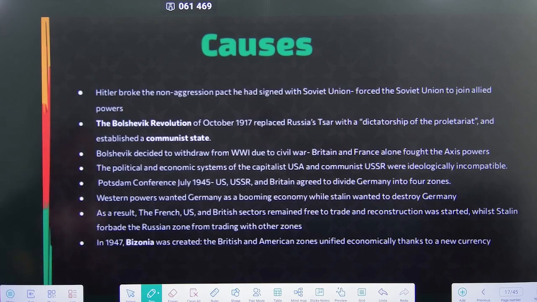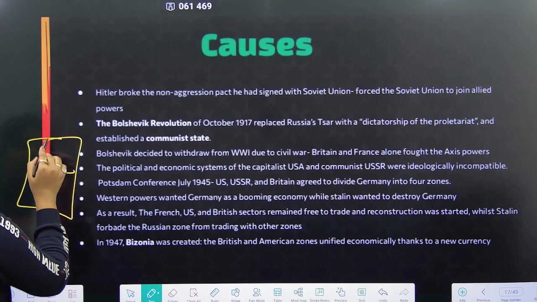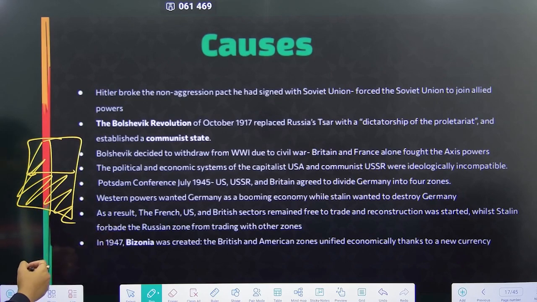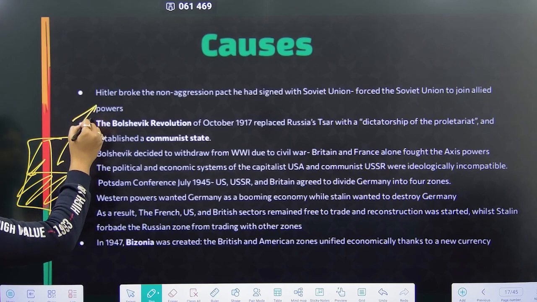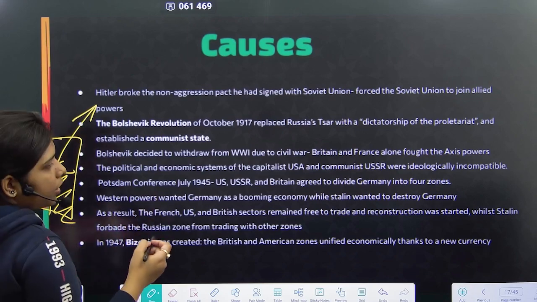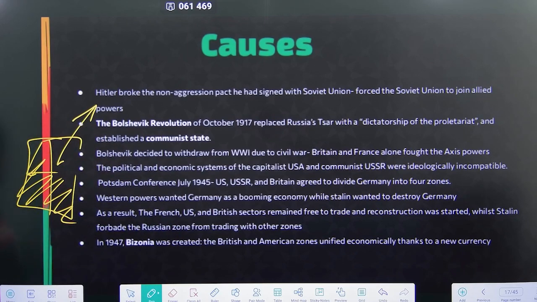So later you will see that when Germany was divided into four regions, these regions were flourishing in their economy. But this region was, remember the drain of wealth theory? The same thing was happening over here. It was being completely looted by the Russian forces.